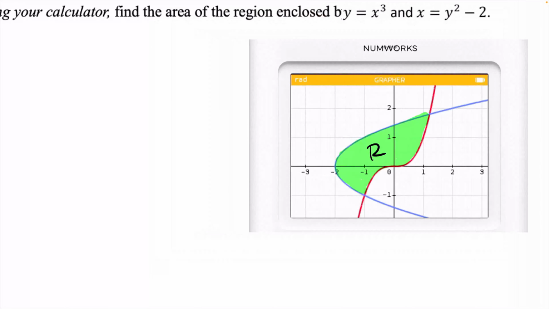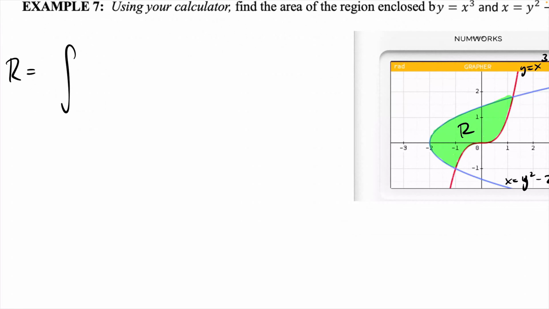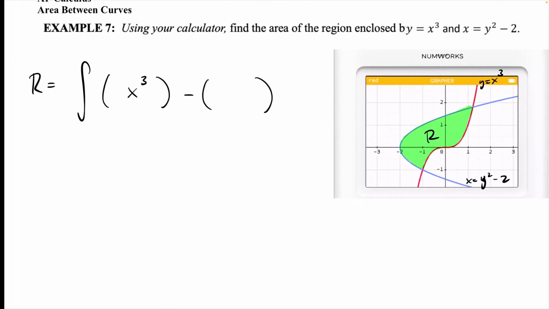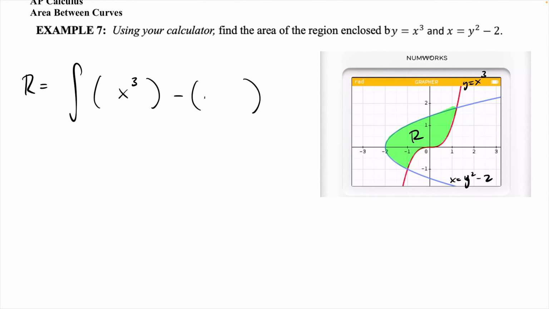From my calculator, the red was y equals x cubed and the blue was x equals y squared minus 2. So that's x cubed minus, and then the left is y squared minus 2, dy.